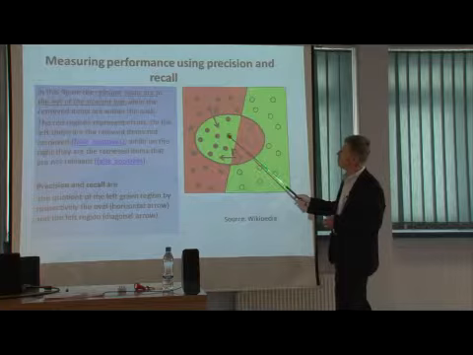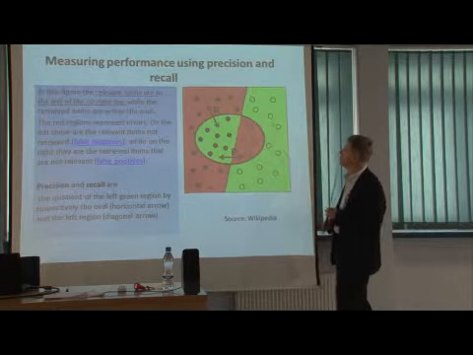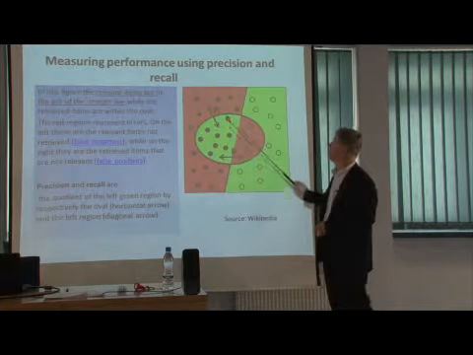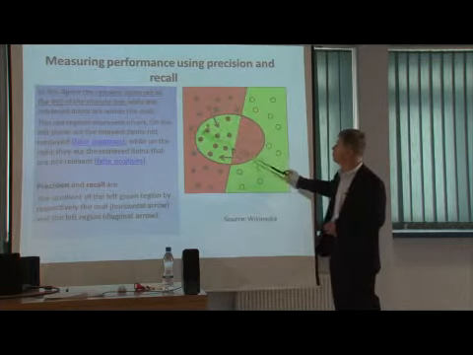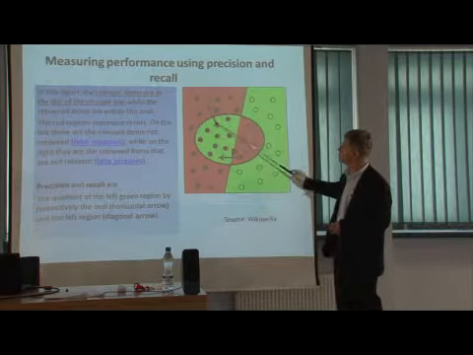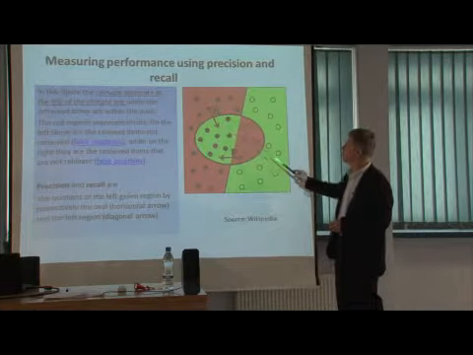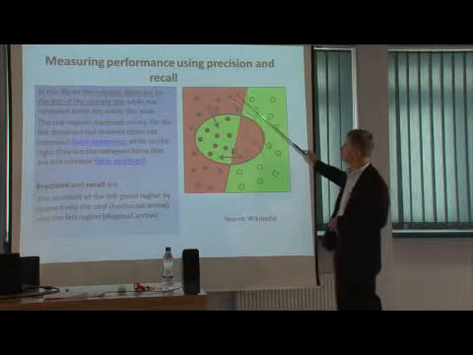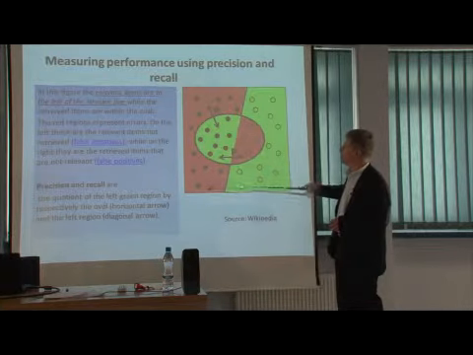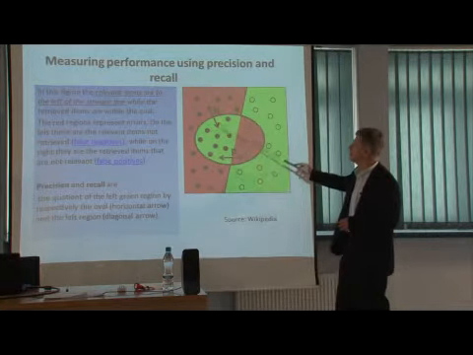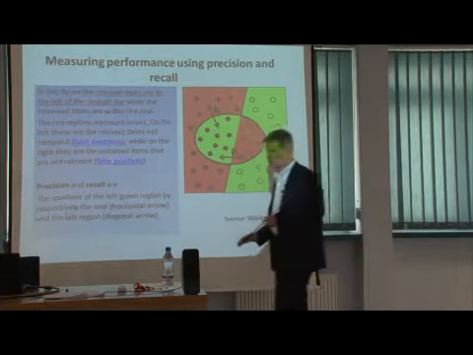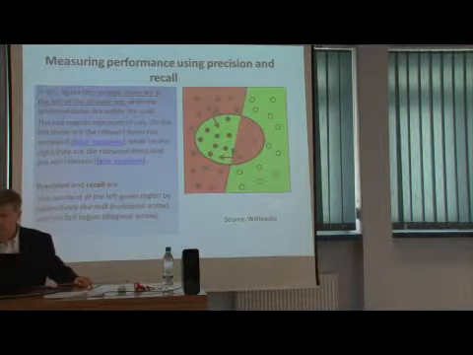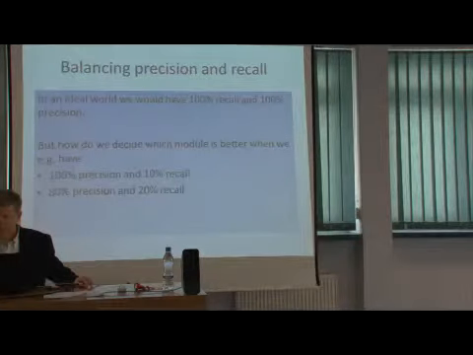The relevant documents are dark dots, the irrelevant documents are white dots, and what we compute is precision, that is how many black dots we have among all dots retrieved, and recall, of the black dots, how many do we have among the set retrieved. All right, so that's the concept of precision and recall.